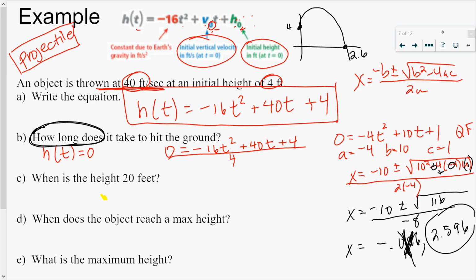All right, when is the height 20? Trent, where's 20 going? So I'm doing part B. Is 20 a time or a height? A height. So on this one, h of t is 20. So 20 equals negative 16t squared plus 40t plus 4.